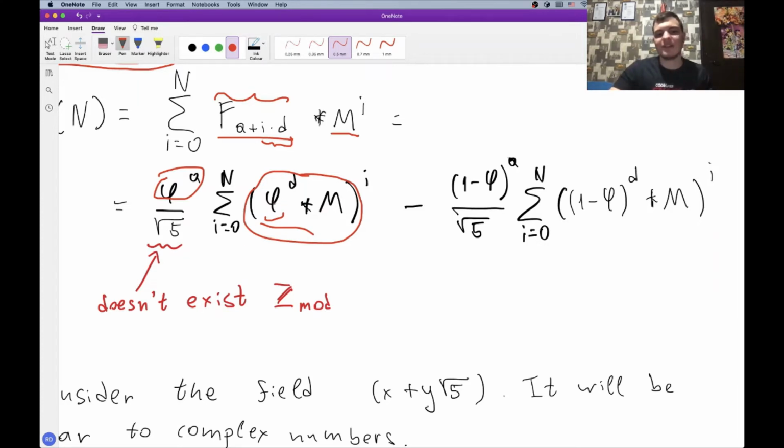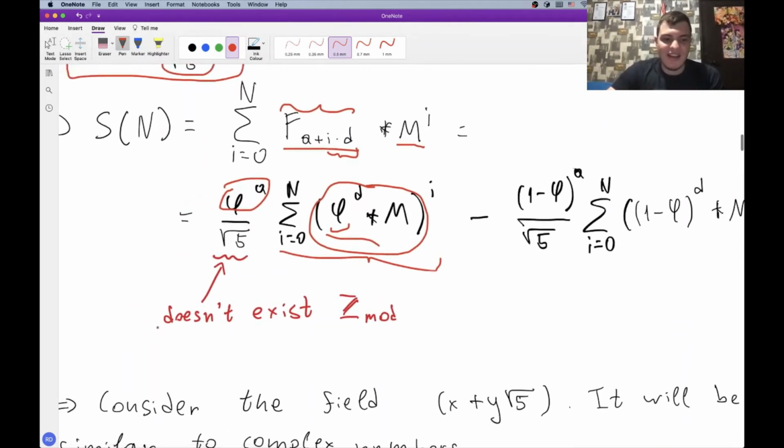We can easily find phi to the power of d. Then we just need to find the sum of the geometric progression with just this matrix. And in a way, we completely remove the Fibonacci number, which is pretty good because it simplifies our lives.